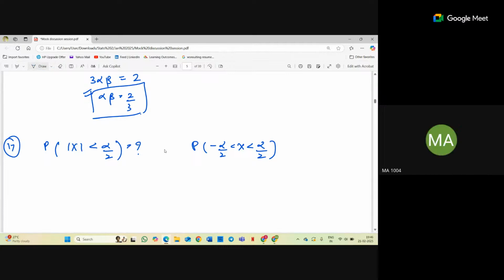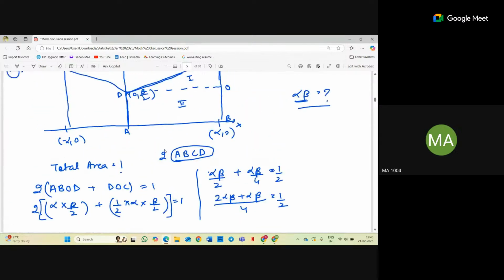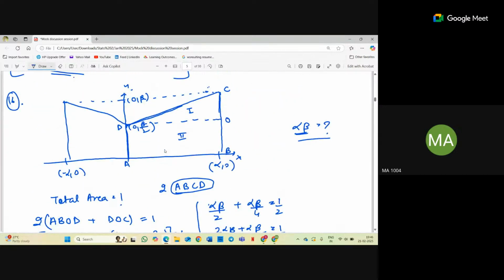Now, I have to find the value that X is between minus alpha by 2 and alpha by 2, right? So if this is my minus alpha by 2 and this is my alpha by 2, I have to find out this area. Correct?